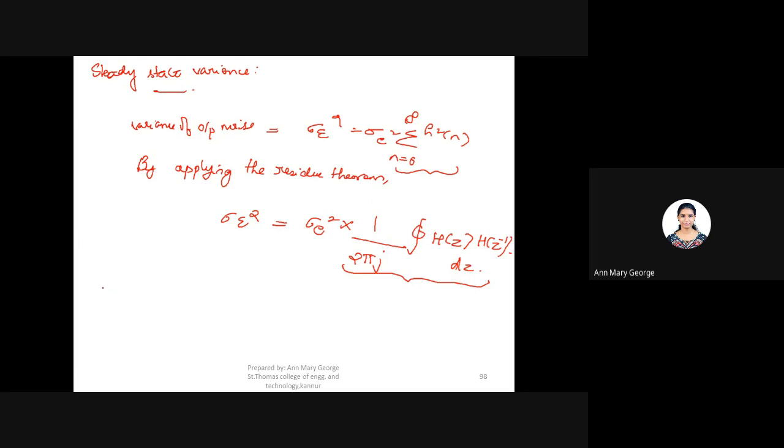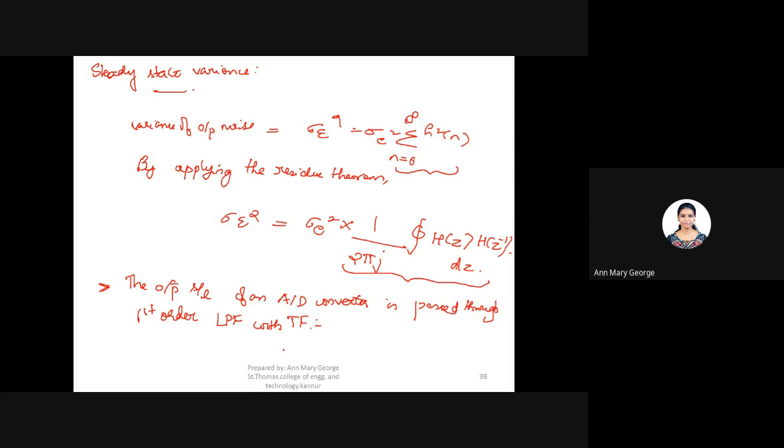Now you should consider a process, that is the output signal of an analog to digital converter is passed through a first order low pass filter with transfer function.